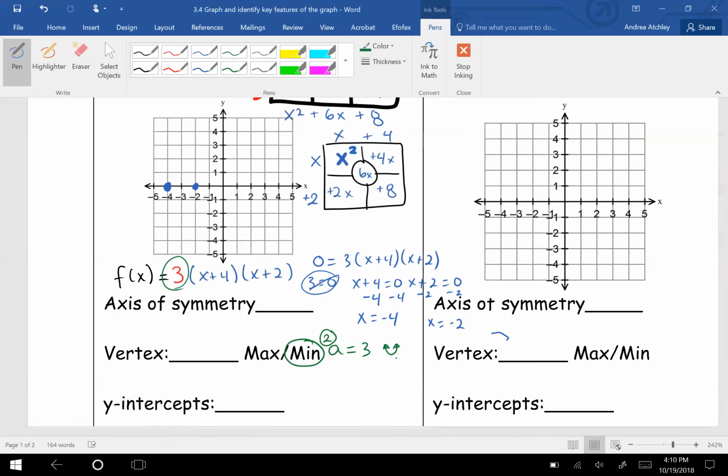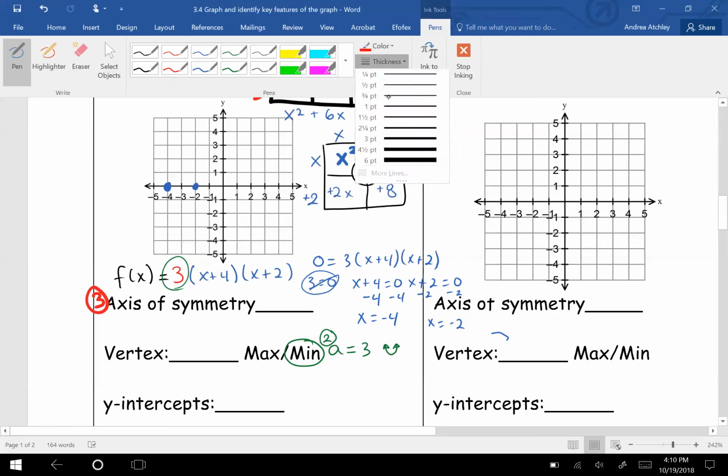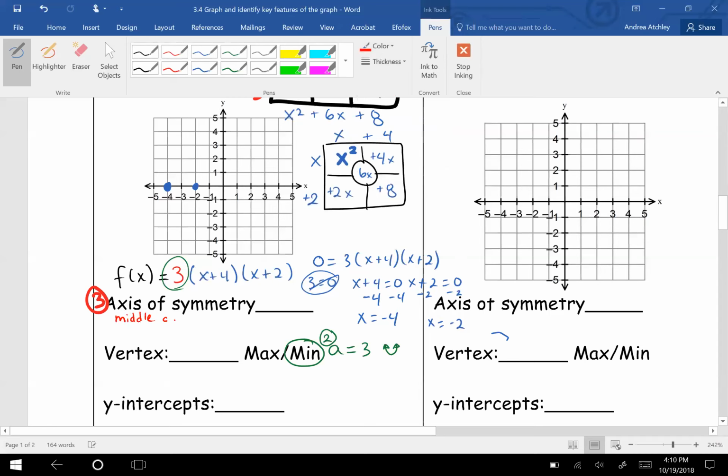Okay. Step 3 is going to be the axis of symmetry. The axis of symmetry is the middle of the x-intercepts.